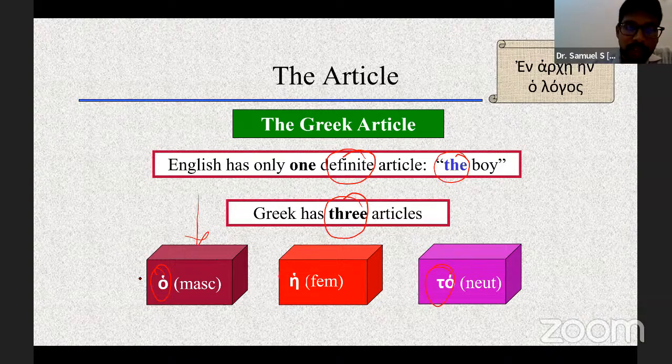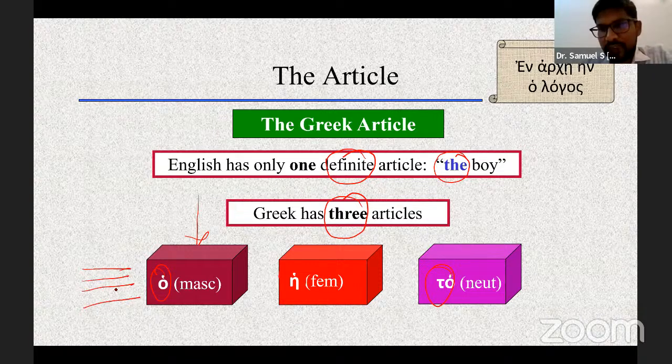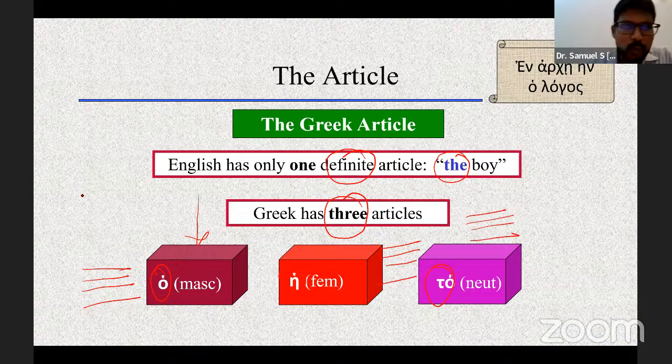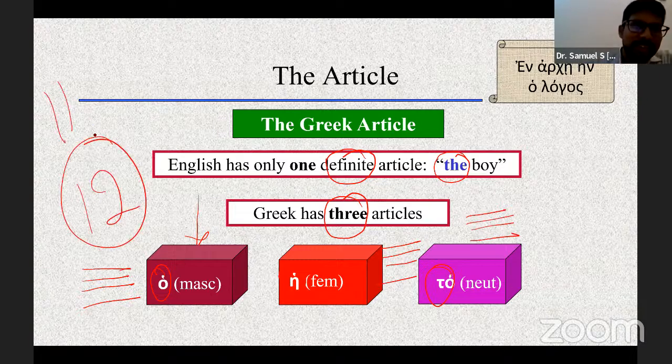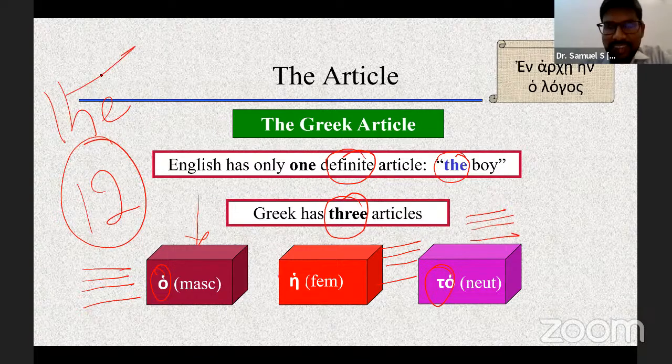And now, even more, this again has four different forms for four different cases. Feminine has four different forms for four different cases. Neuter has four different forms for four different cases. 12 ways in Greek to say the. So you can imagine what a fun language it is, no?